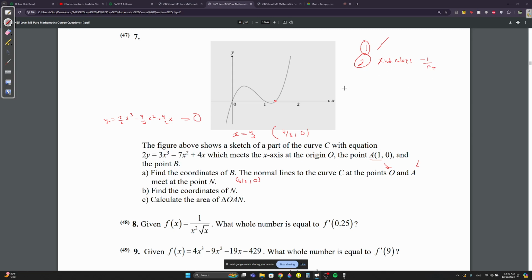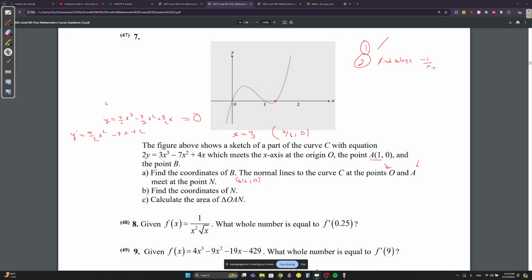What's the m of the tangent? At x equals 1, we need to derive. So y prime is 9 over 2 x squared, minus 7 over 2 times 2 becomes minus 7x, and then plus 2, since 1 times 2 is 2.